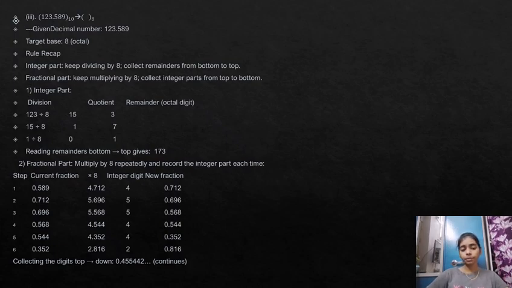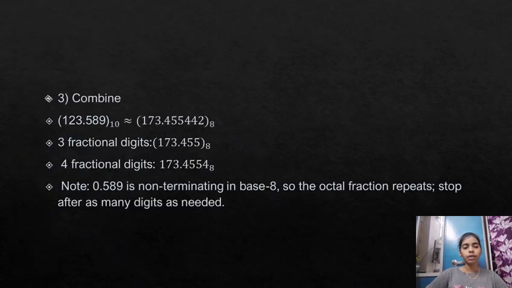Note that 0.589 is non-terminating in base 8, so the octal fraction repeats and stops after as many digits as needed.